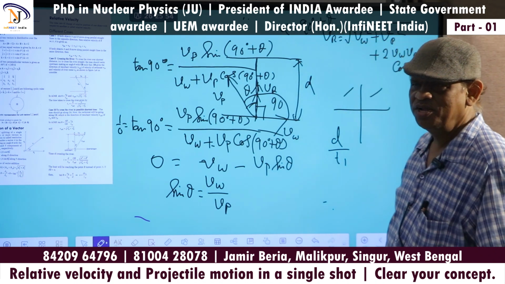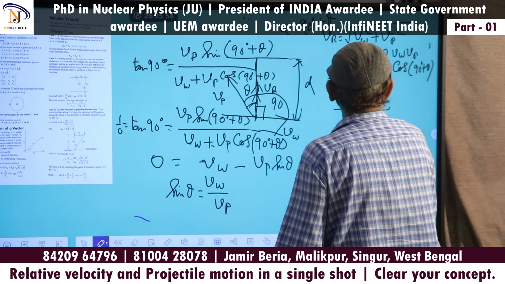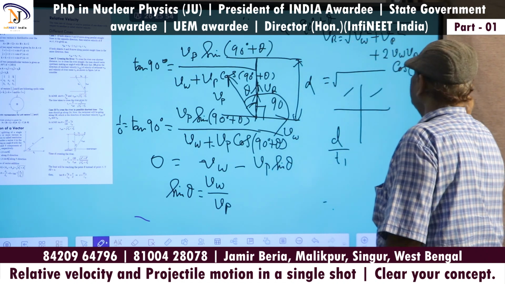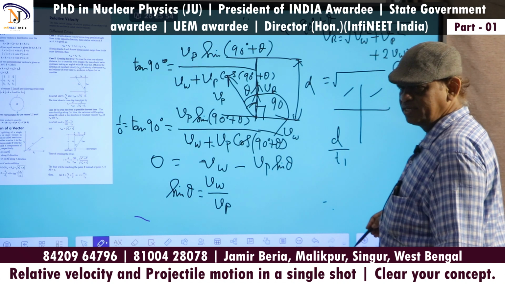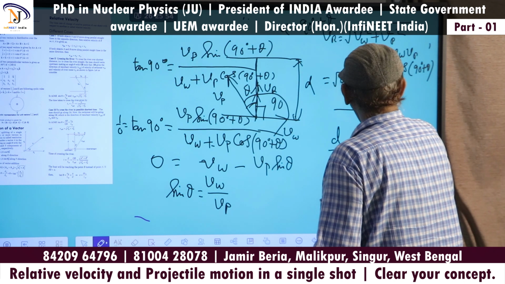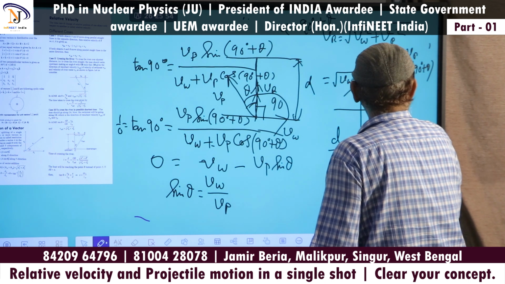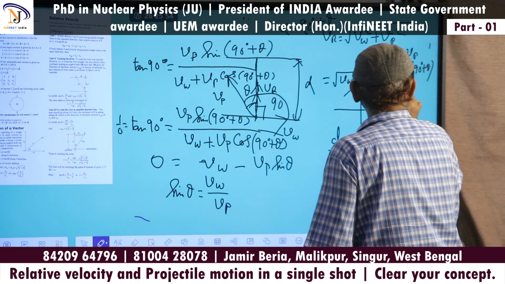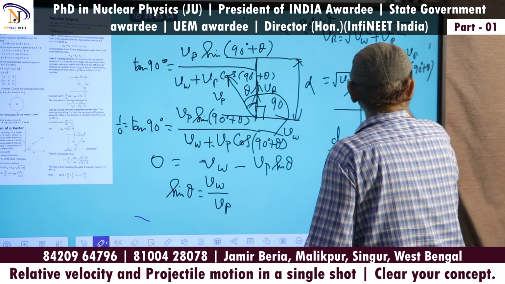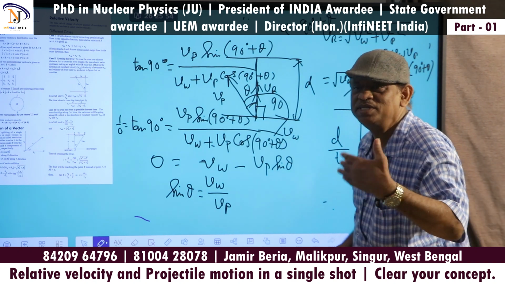Am I clear or not? Then you can calculate it like this. This will be minus theta, isn't it? So what can you write? Vw square plus Vp square minus twice Vw Vp cos, where cos of 90 degrees minus theta means sin theta.